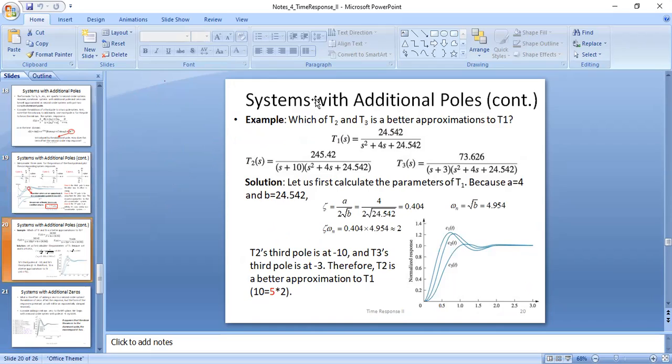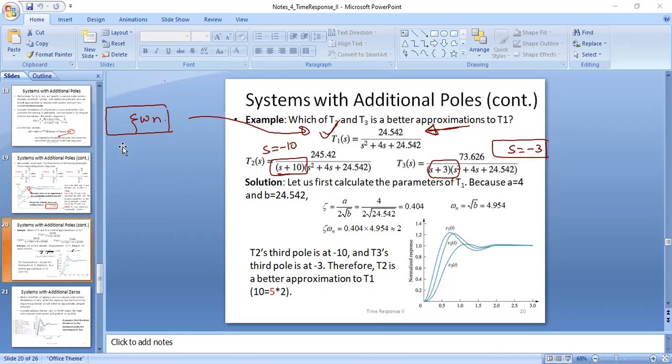Now here you will see which of T2 and T3 is a better approximation of T1. This is your T1 standard transfer function given. Now here you have been given two poles. One pole is at -10 and the other pole is at -3. So first, we have to find the zeta omega n value.